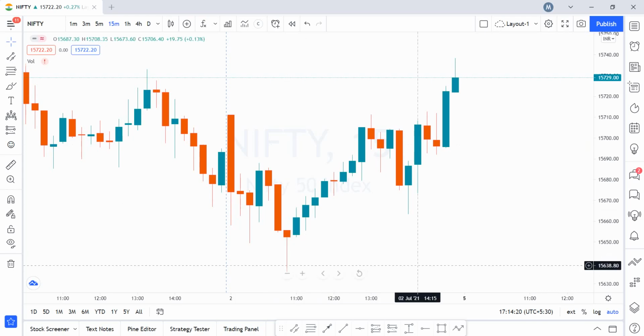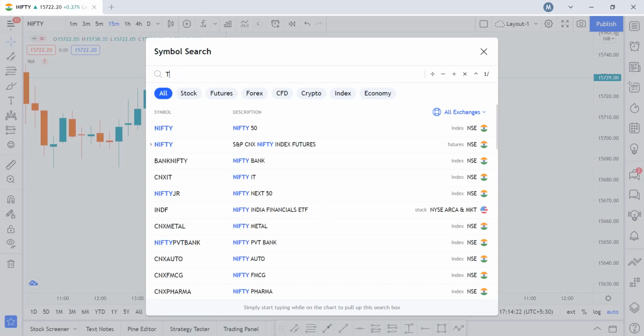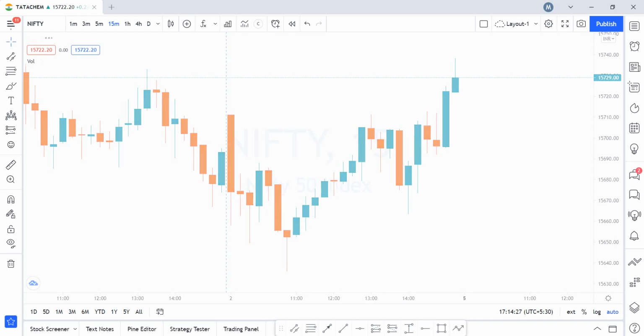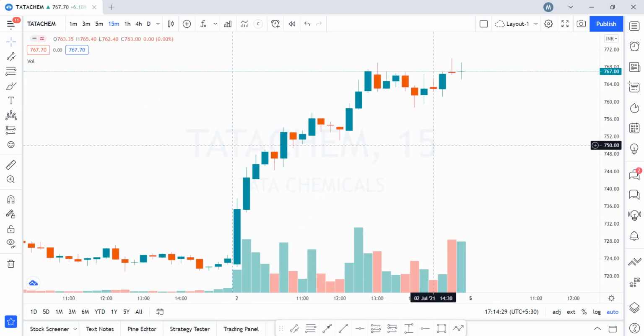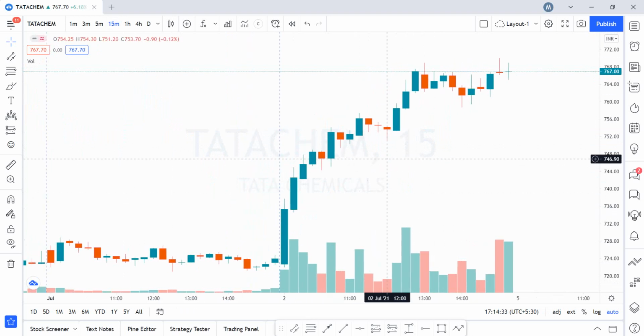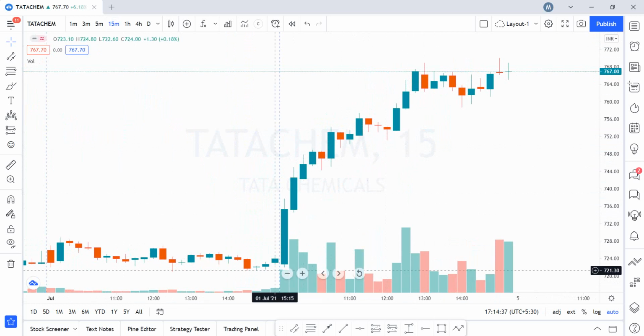Okay, so I'm coming onto the chart, and let's go to the Tata Chemicals chart. This is the 15-minute time frame, and it is Tata Chemicals over here. If you see, this satisfies the criteria: we got a bullish candle, bullish candle.